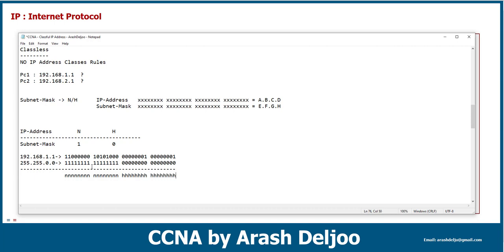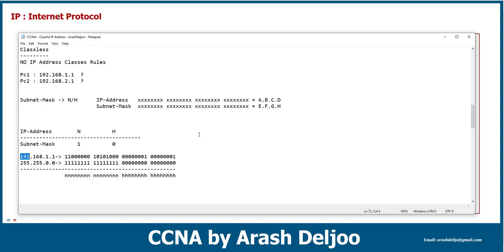This means that we are using the IP address 192.168.1.1 with 255.255.0.0, and here you can see 16 bits are the network bits and 16 bits are the host bits. Maybe you ask me, 192 is a member of class C networks, and in class C networks 24 bits are the network bits.